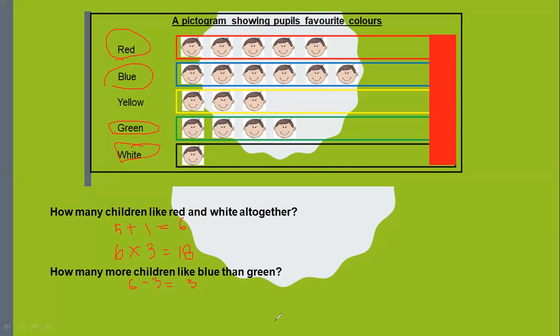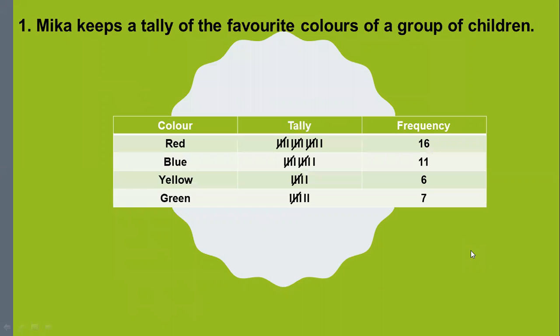And then after that you may say 3 times 3 is equal to 9. So there are 9 more children who like blue than green. That's it. Now we move to the others.